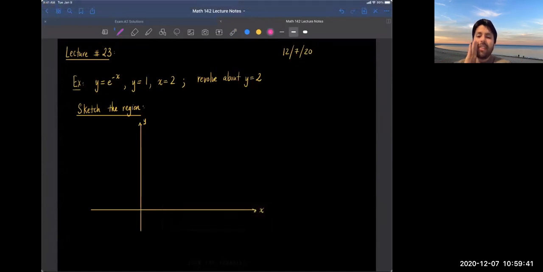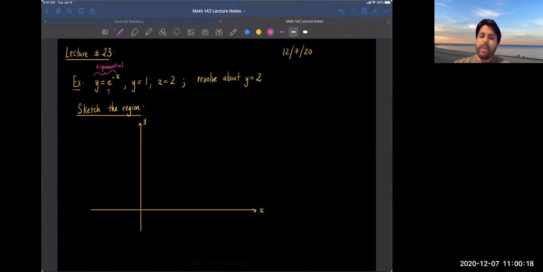E to the negative x. No, no, no. E to the negative x is an exponential function. Remember this? Exponential. The base here is e.